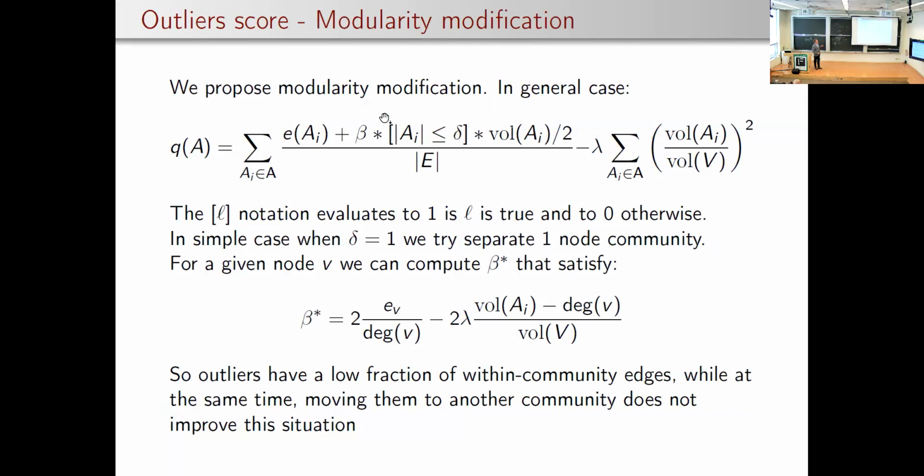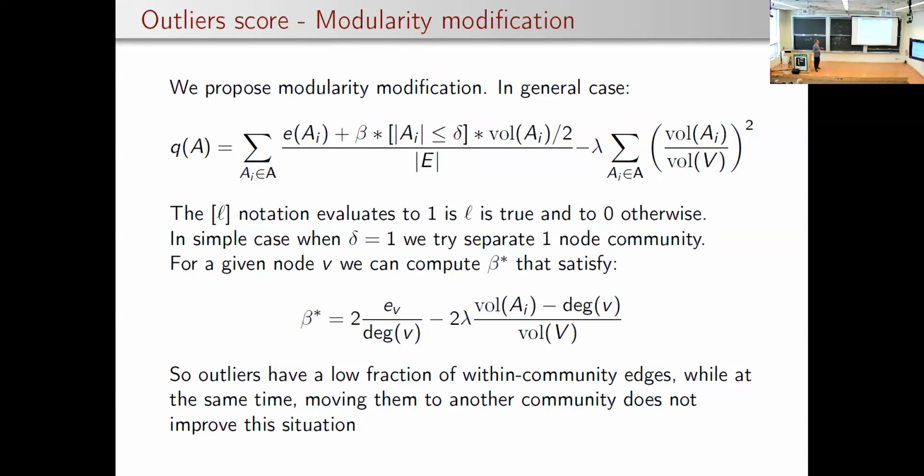We multiply this by a new parameter beta, and as you see, this modification is just on the level of the edge contribution, not for the degree tags. So we do not modify our expectation from the null model, but we modify elements on this side. So we can say that we have a regularized kind of modularity function.